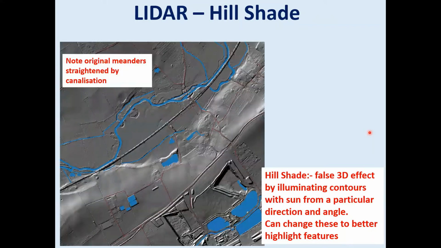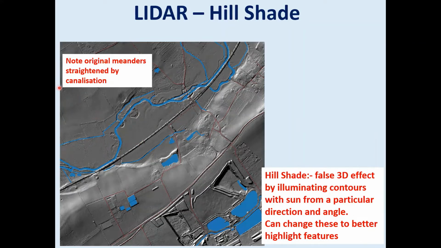So this is actually a bit further up the Reek towards, or down the Reek, should I say, towards the Brooksby gravel extraction down here. And what I'd like you to look at is up here, you can actually see the original meanders of the river that were straightened in the 19th century by canalization.